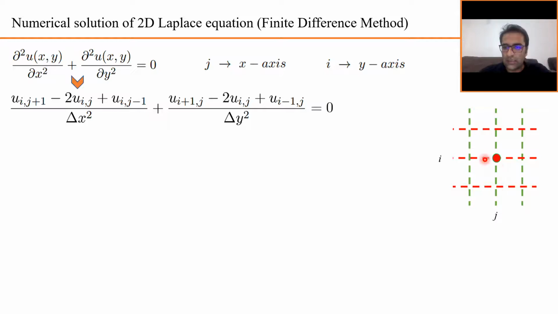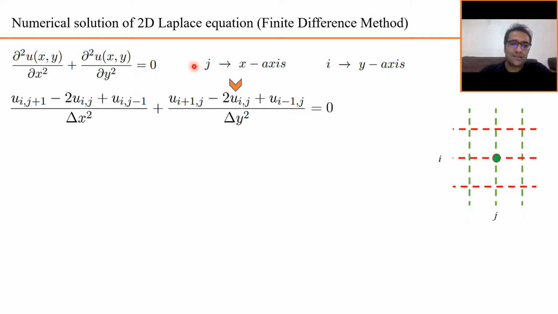We have u_ij here, plus the value of the function at some constant i and j plus 1, also the value of the function again at the same constant i, but one point before the point j, and this is j minus 1, right?